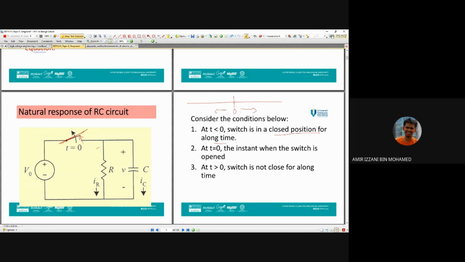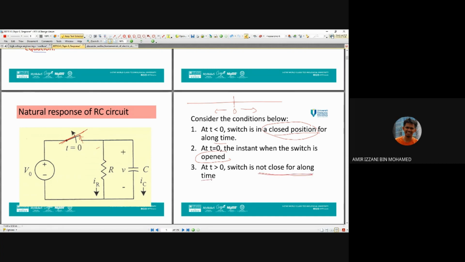At t after 0, the switch is not closed for a long time. So the switch remains open. This is the timing where the switch is open.